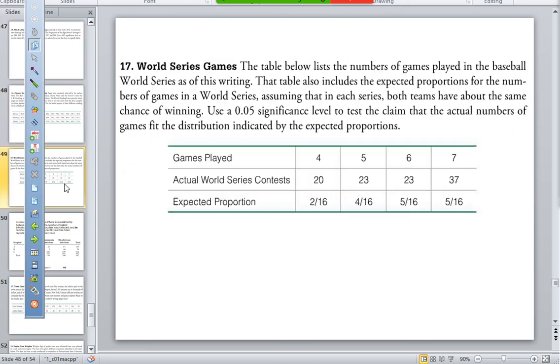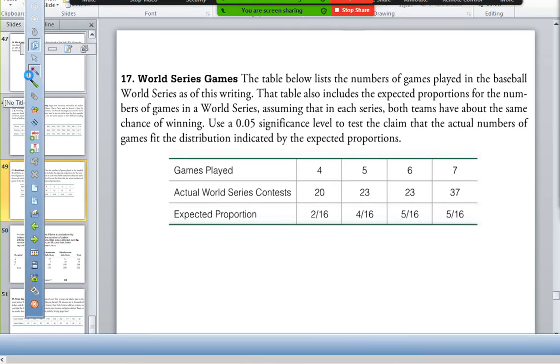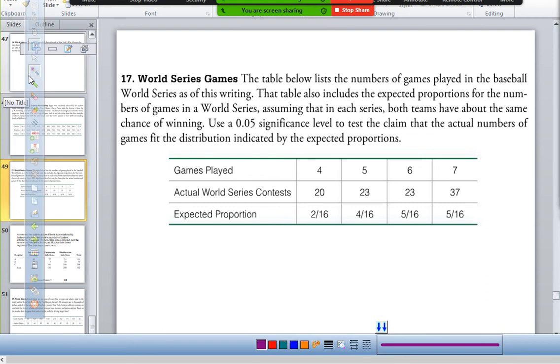All right, last one. This one here. What is this one? This one's a little tricky. You got to read it.